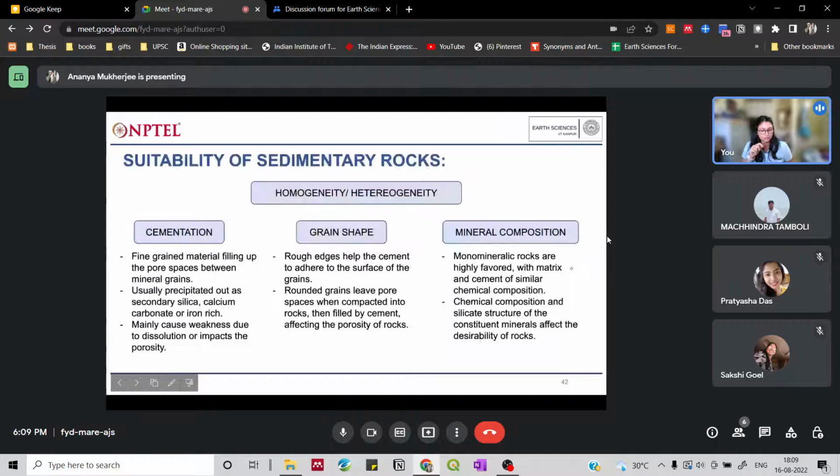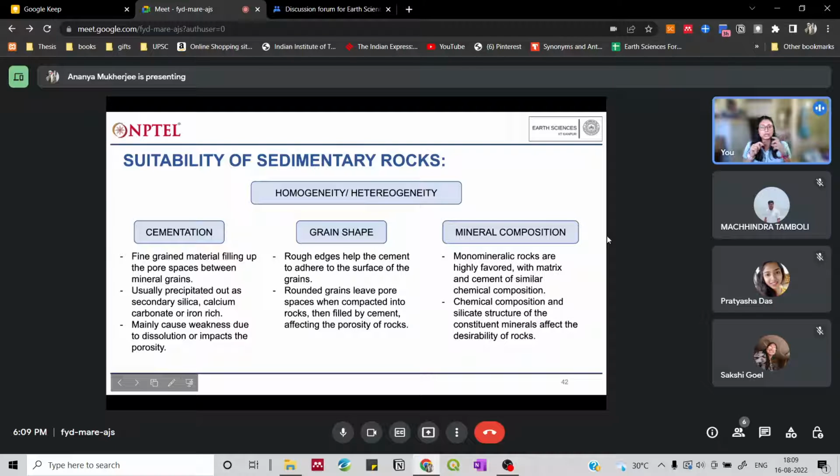So now we'll move to the next one, that is, how do you know whether sedimentary rocks are suitable for construction purposes, as foundation stones or something along those lines? So how are they suitable? One of the factors that governs the choice of such rocks is the homogeneity or heterogeneity that is prevalent in the rock.